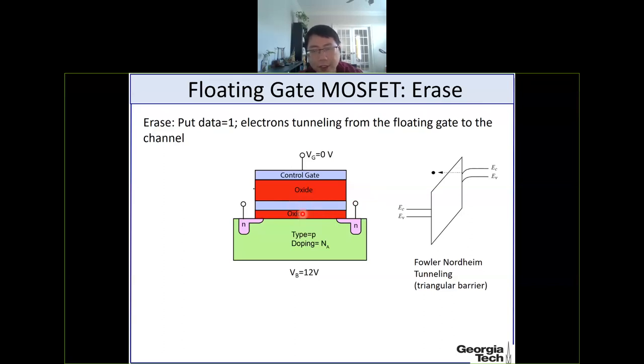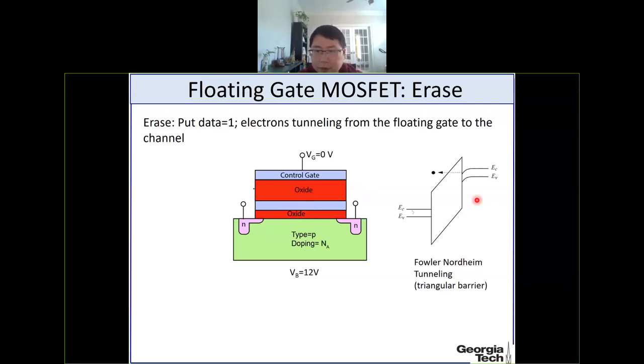It can store for a long time because it's like a barrier. If you have electrons in here, then you have a barrier of oxide on top and oxide below, so it will be trapped in here. So it can store for a long time, like years. That's why you can use it as a non-volatile memory. Even if you remove the power supply, your data is still there.